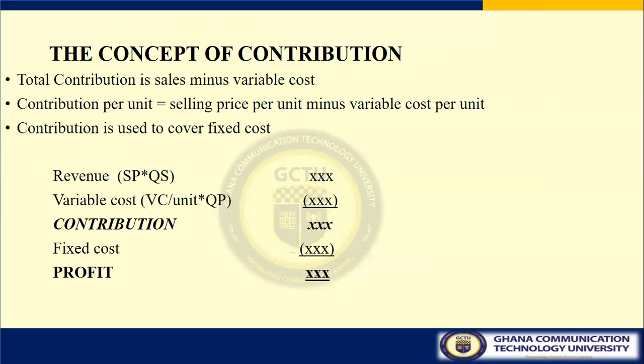So our format is revenue. We do this one from the business maths, to arrive at profit. If you want to make a profit, maybe you went to Makola to buy some product, and the cost for those products, let me say 10,000 Ghana cedis, is the cost incurred.